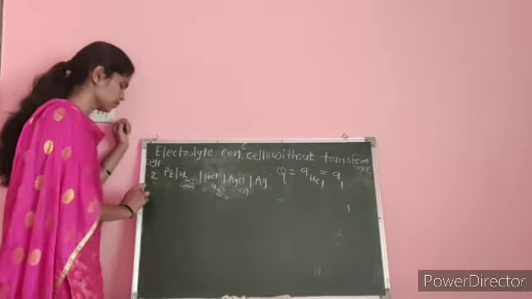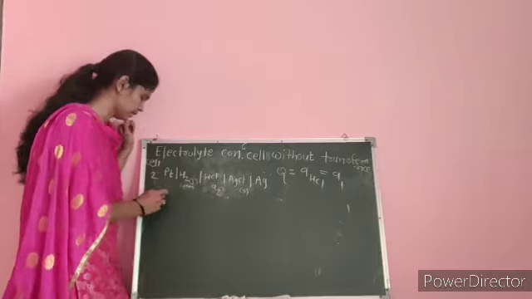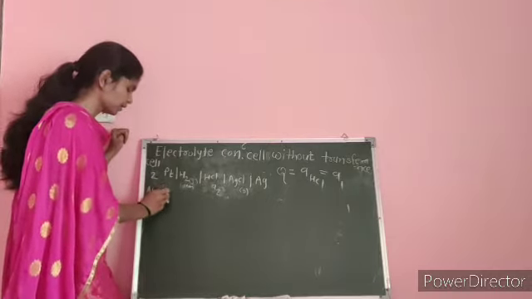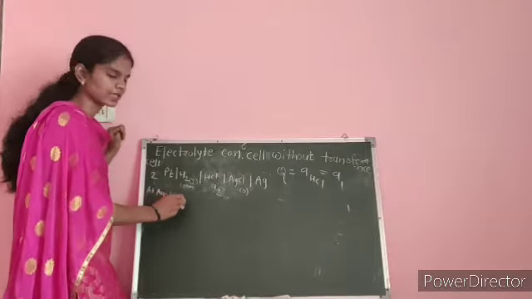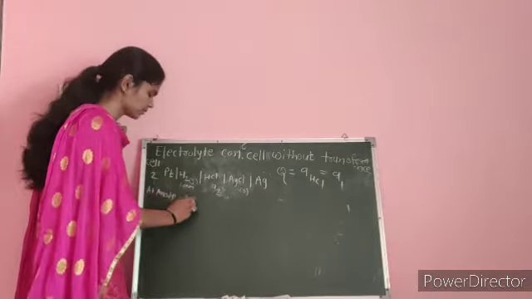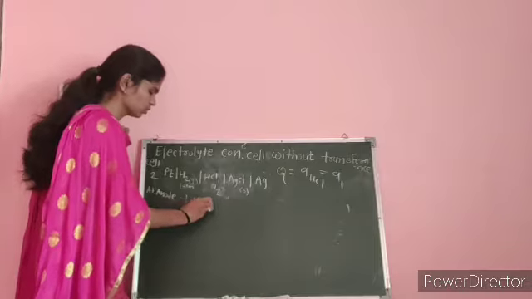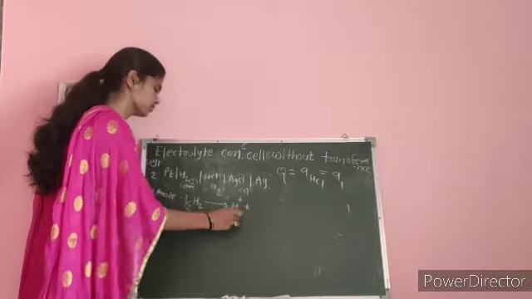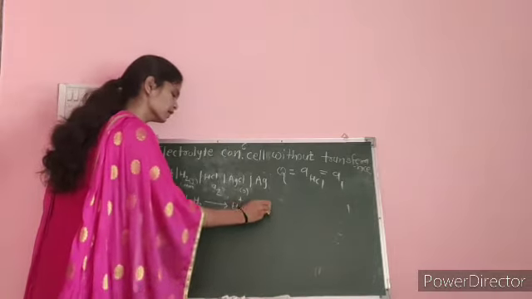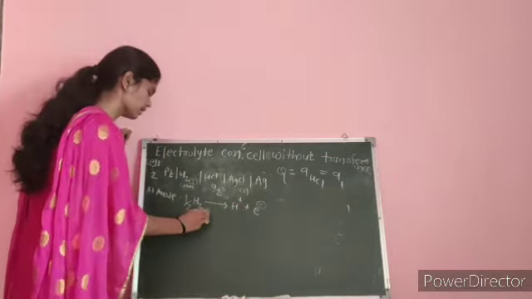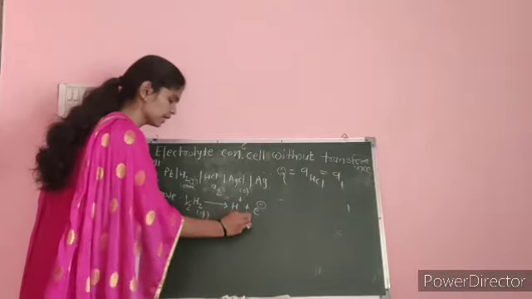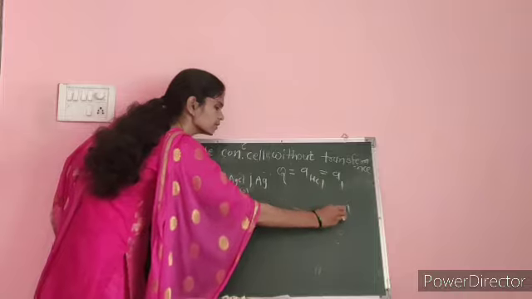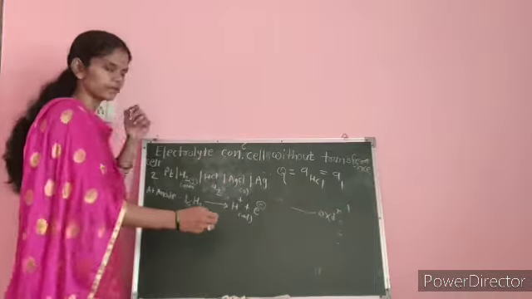Firstly we write the cell reaction. At the anode, oxidation reaction takes place, therefore the reaction becomes 1/2 H2 gas gives H plus aqueous plus 1 electron loss. This is called an oxidation reaction because of loss of electron.